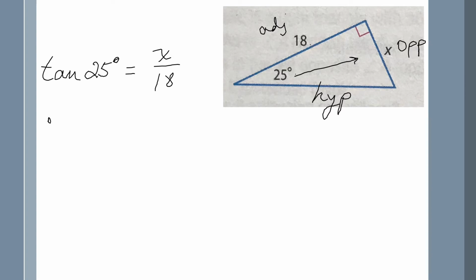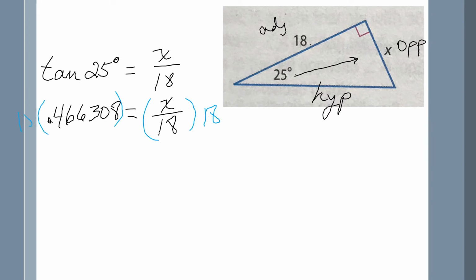So 0.466308 equals x over 18. Now what we do is we multiply each side by 18. And we end up with x approximately, let's go to the nearest tenth, about 8.4.